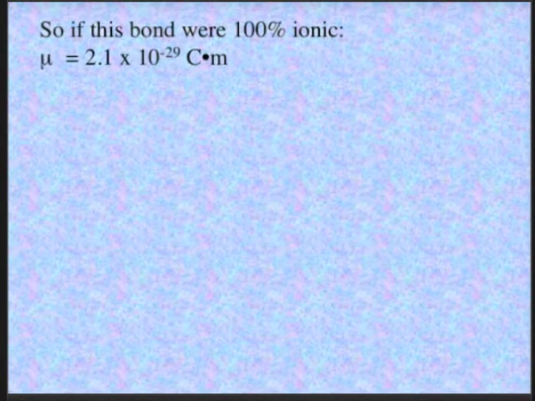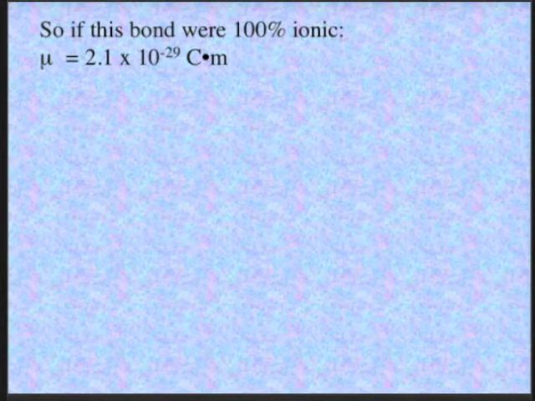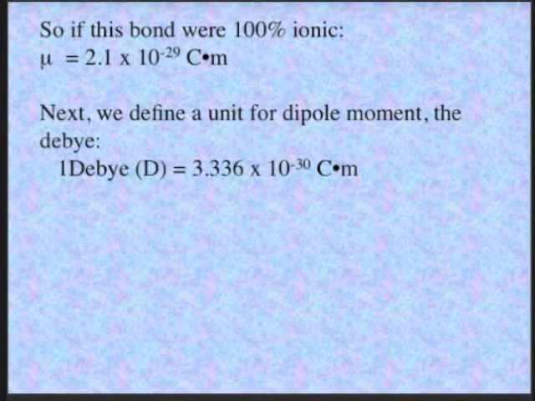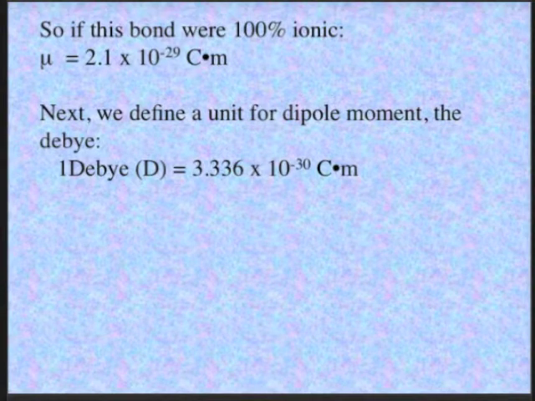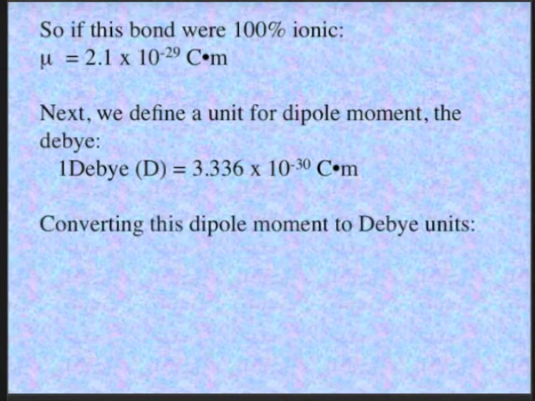If this bond were 100% ionic, our mu, our dipole moment, is 2.1 times 10 to the minus 29 coulomb meters. Let's see if we can convert that into debye. 1 debye equals 3.336 times 10 to the minus 30 coulomb meters.